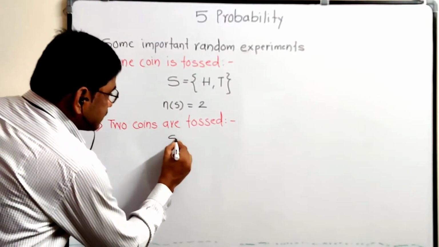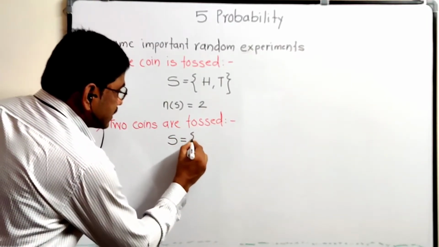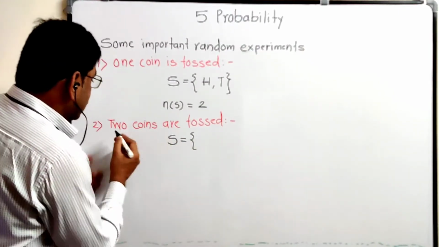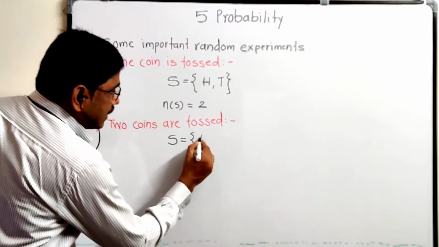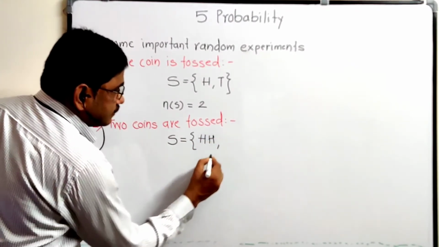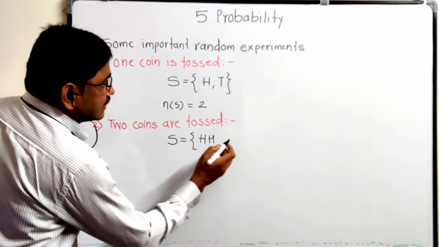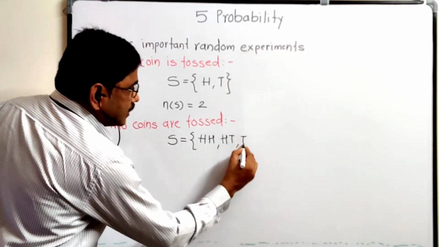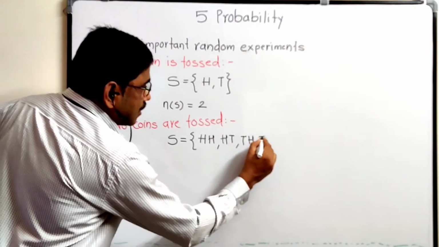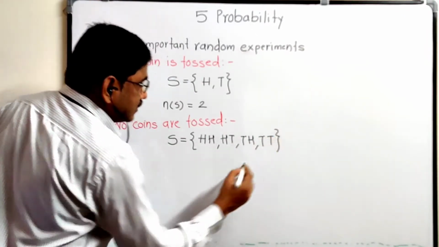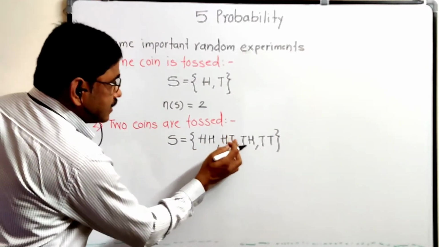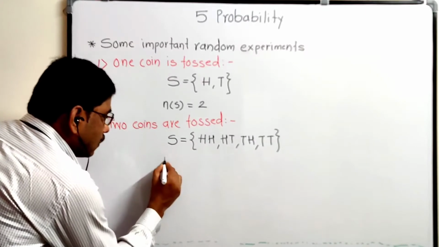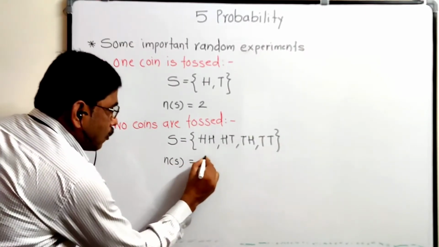S means sample space, the set of all outcomes. When 2 coins are there, S is equal to: H H, then H T, T H, and T T. So NS is equal to 4.